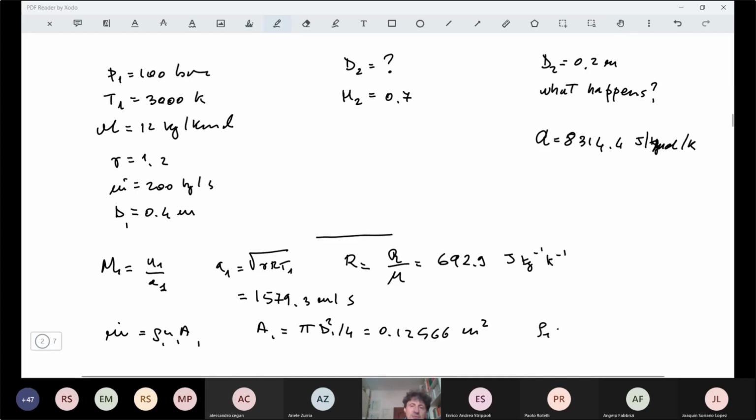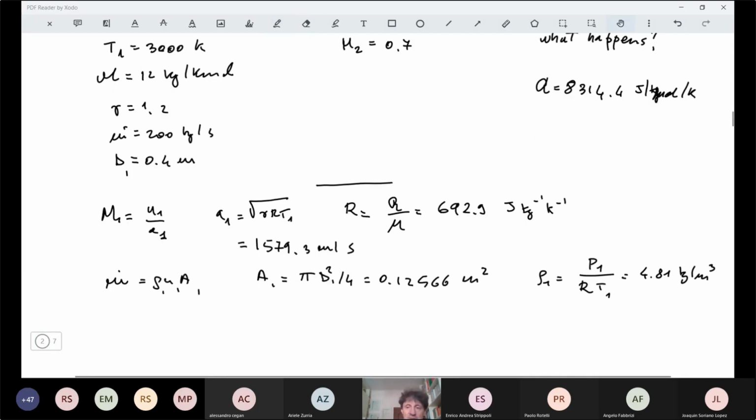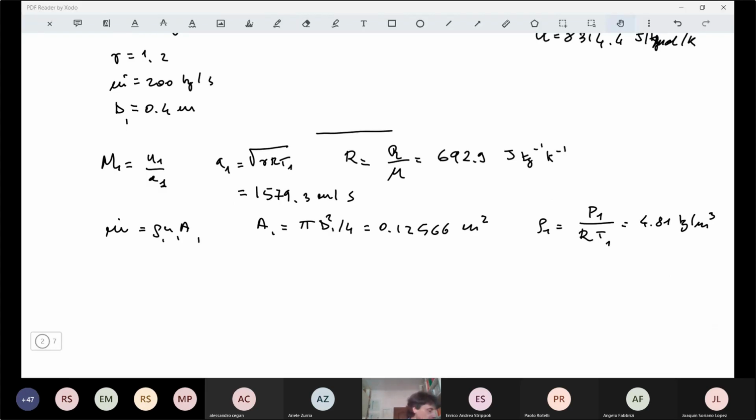Rho is P over RT, so it's 4.81 kilogram per cubic meter.